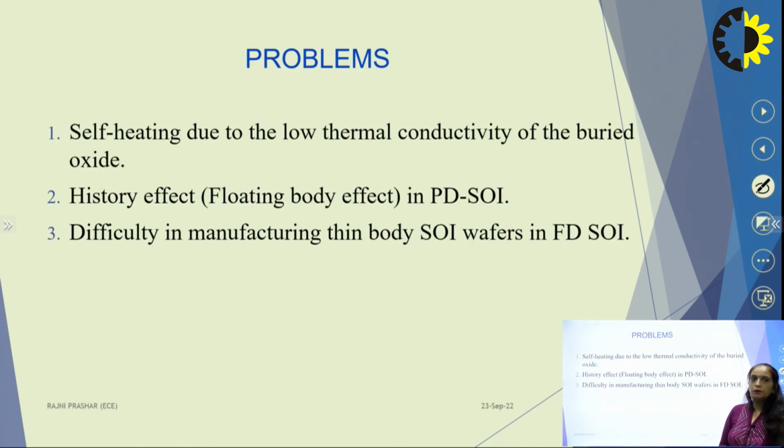A few problems are there with this technology: it has a self-heating effect due to the low thermal conductivity of the oxide. Second is the history effect, and the third is the difficulty in manufacturing thin body SOI wafers in case of FD SOI.